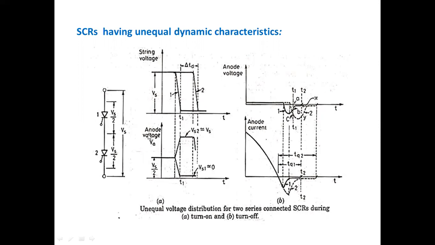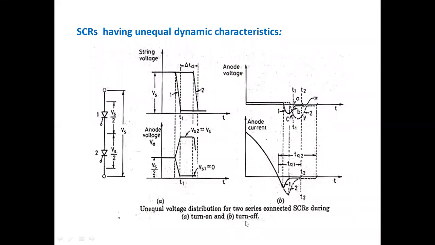At the turn on time period and also the turn off time period, the unequal voltage distribution for two series connected SCRs during turn on and turn off is observed.